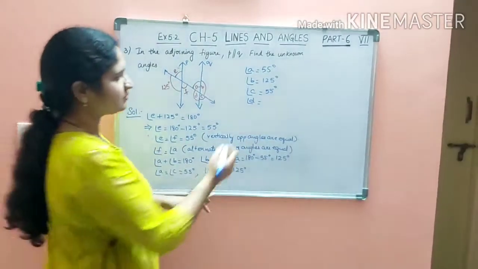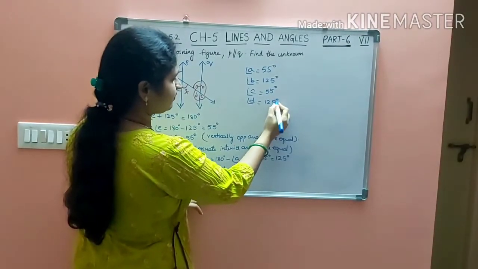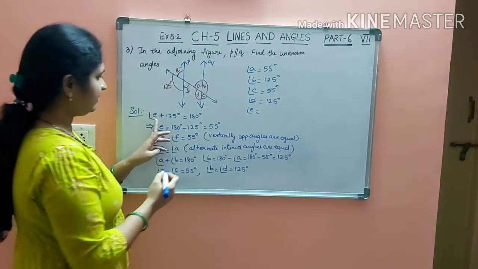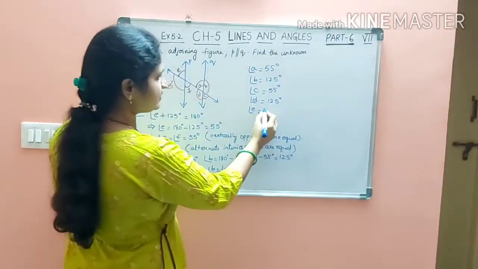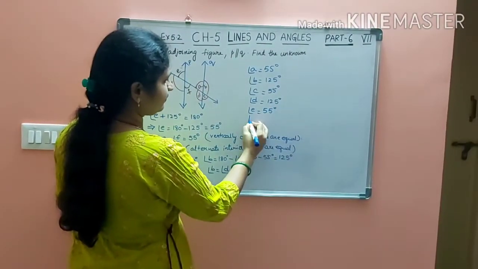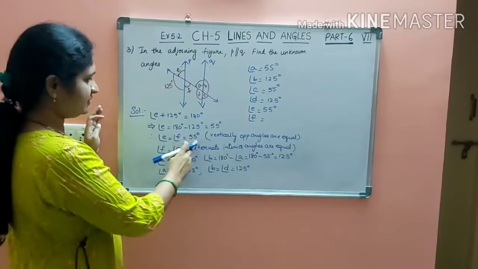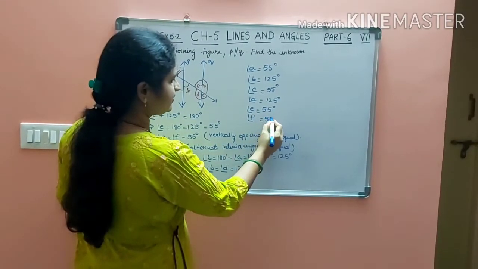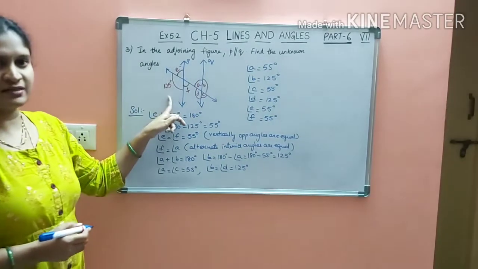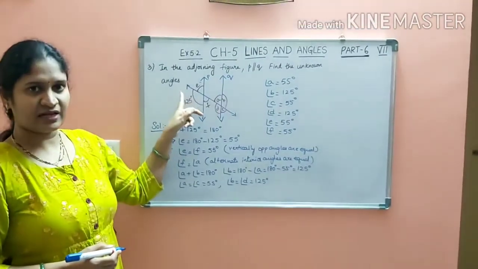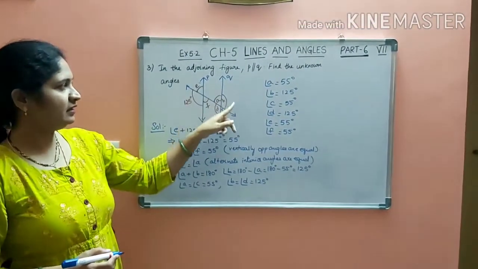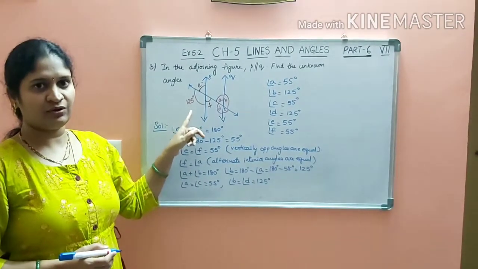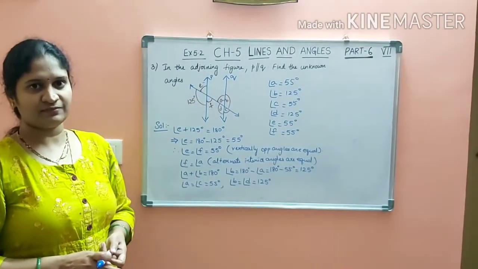Angle D is again 125 degrees. Angle E is 55 degrees. Angle F is 55 degrees. So if one angle is given for parallel lines with a transversal passing through, we can find all the remaining 7 unknown angles. Is this clear to everyone?